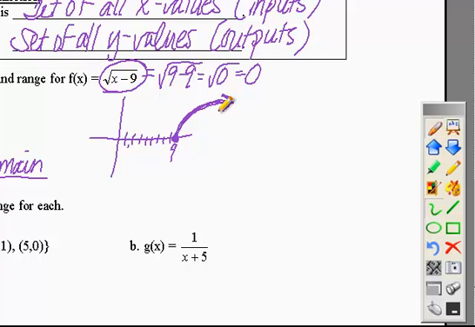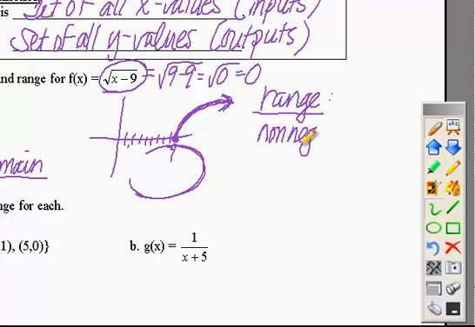Now, taking a look at that graph, can you tell me the range? What y values do you have? In this case, you'll notice the graph never goes down here in the negative portion. So what we say is non-negative reals, which means it can't be negative. And this is just the symbol for real numbers.